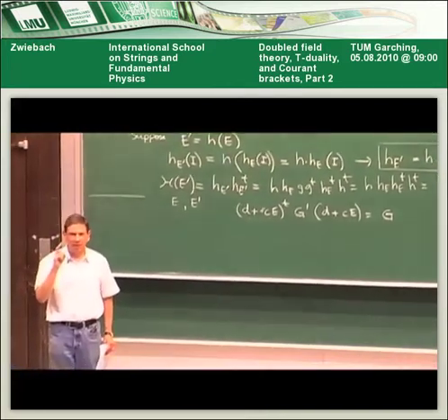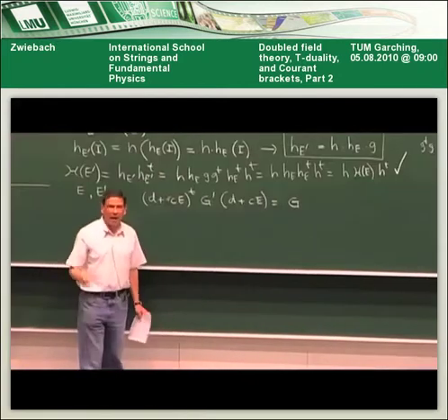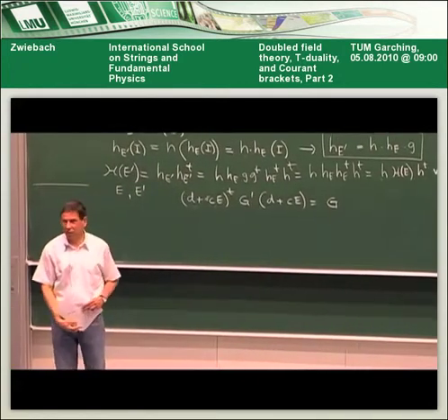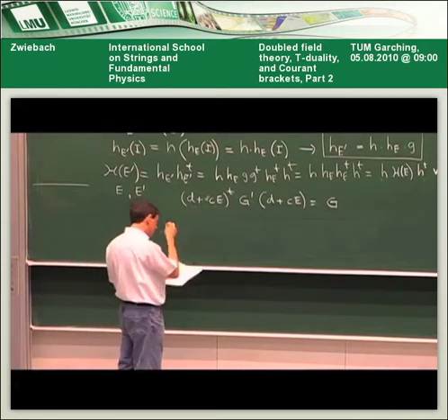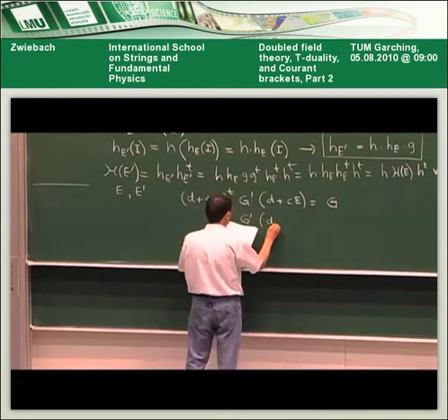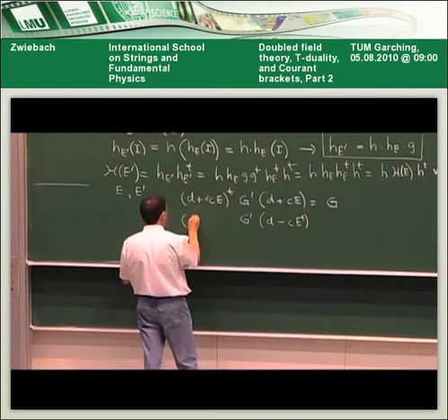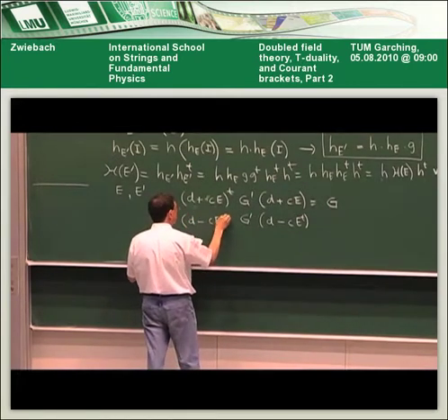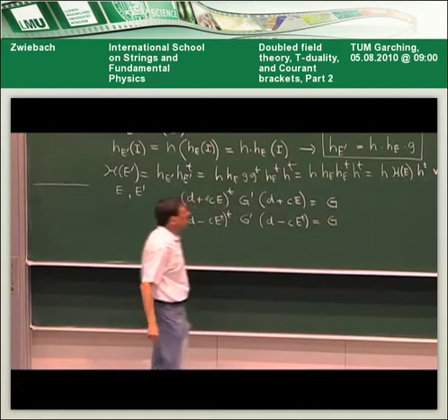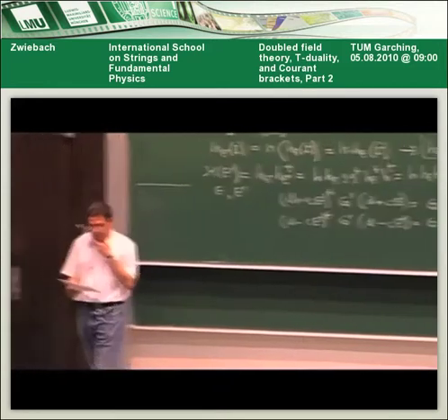It's an object that is very peculiar. It transforms with this thing, but happily, there's another set of matrices that also transforms G. So in fact, there's another property in which G prime is actually equal to D minus CE transpose, and here D minus CE transpose, and that's also equal to G. Both hold. And that will have some meaning.